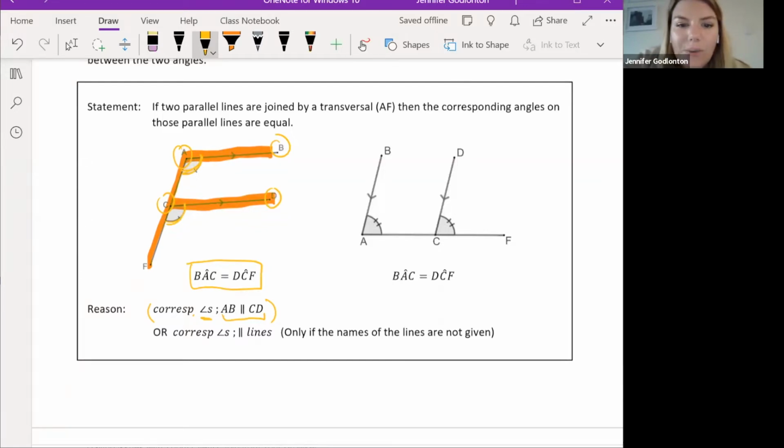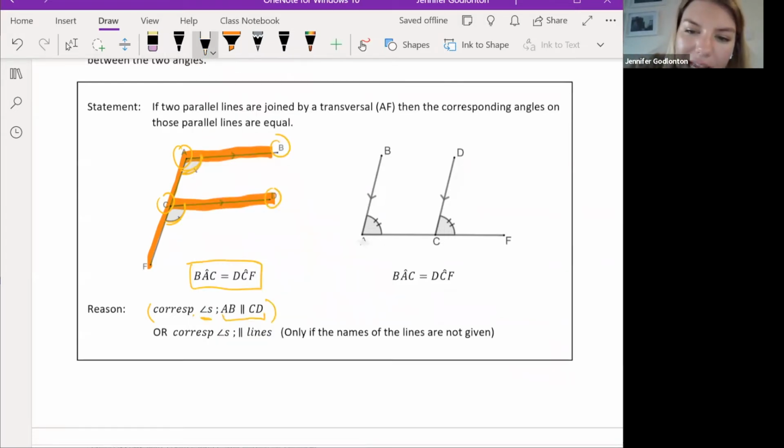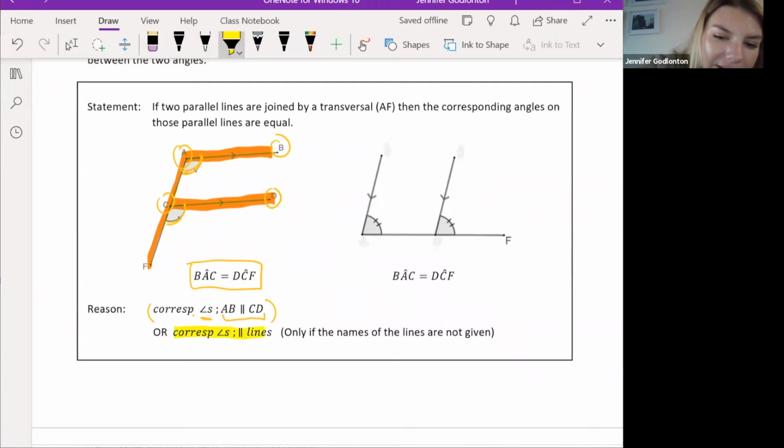If we are in a situation where we don't have the parallel lines and we've just been given something, so let's take this one, for example, and let's pretend that we weren't given these letters. Then we could say that BAC is equal to DCF, and we would have to just say this reason down here. So we would say corresponding angle, and then we would say just because there's parallel lines, but we can't say which are the parallel lines.